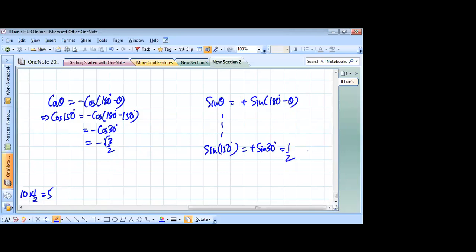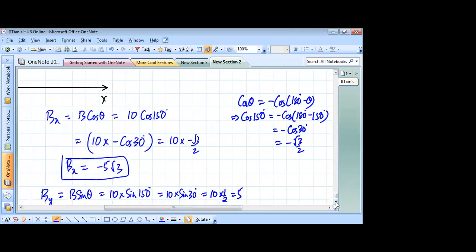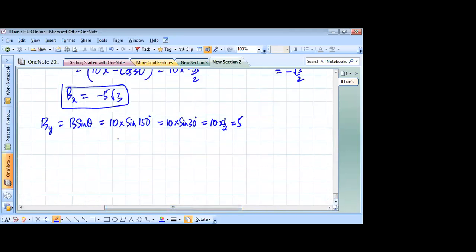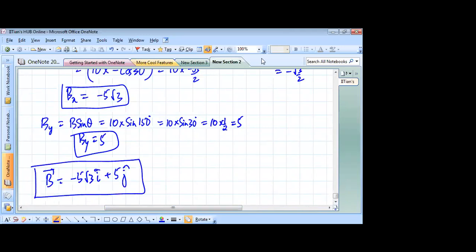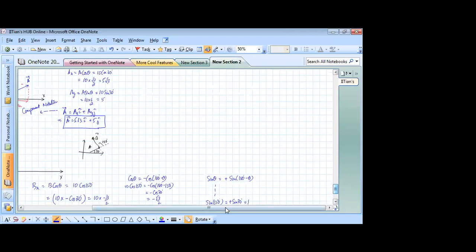It becomes half. Whereas this is minus root 3 by 2. So you substitute that over here. So By becomes 5. So y component of B has become 5. So the vector B in component form is now how much? It is minus 5 root 3 i cap plus 5 j cap. So I've got the vector A and I've got the vector B both in component form. So next thing I can add them and find out their resultant in component form.